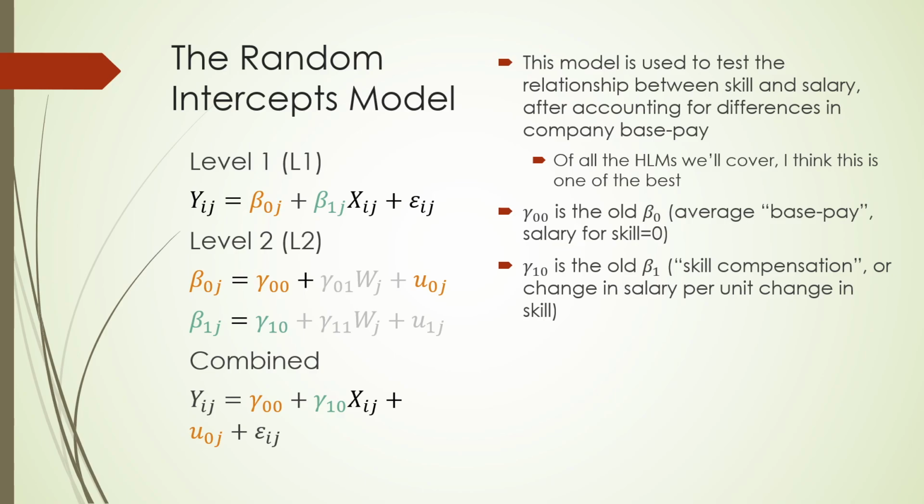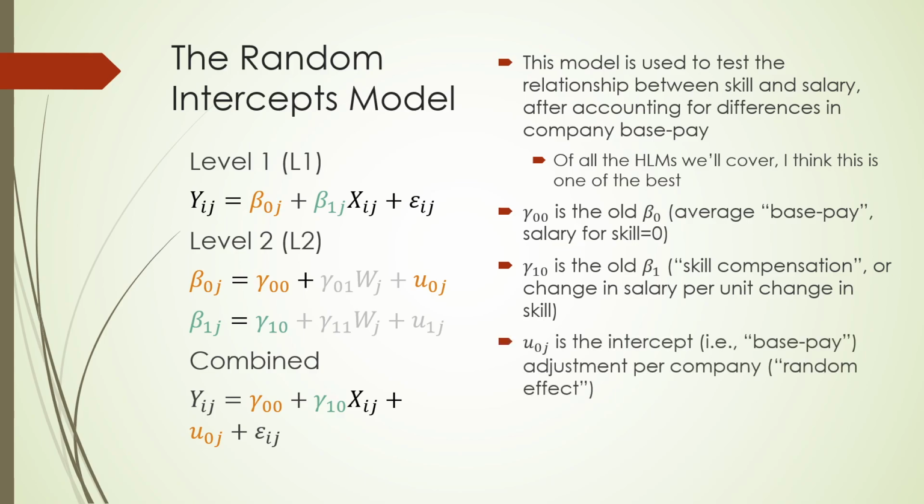The only distinction is that gamma sub 0 and gamma sub 1 0 are now interpreted that way after accounting for the differences in company base pay. So this is accounting for the U sub 0j, but the main interpretation for both of these components is identical to their simple linear regression forms.